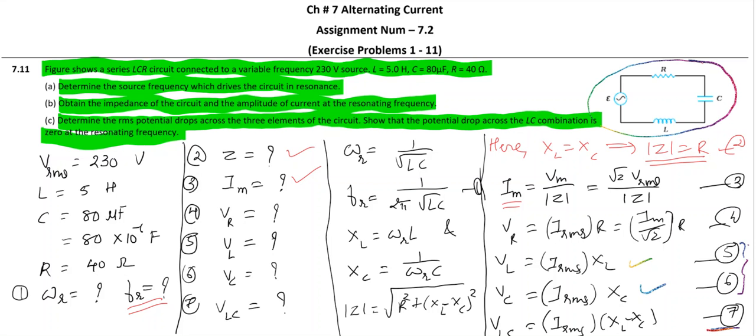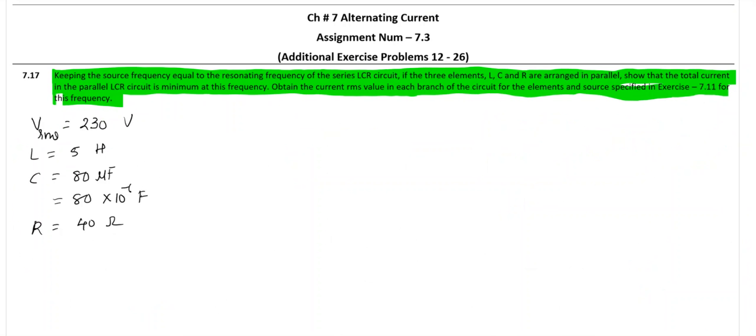So let us go back to the current problem and I will fetch this data also there. So here is the data of 7.11 and the circuit which we are talking about is parallel combination of LCR connected to a source of alternating voltage with the values voltage and parameter values given here.